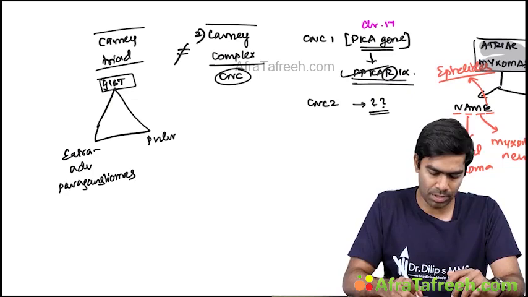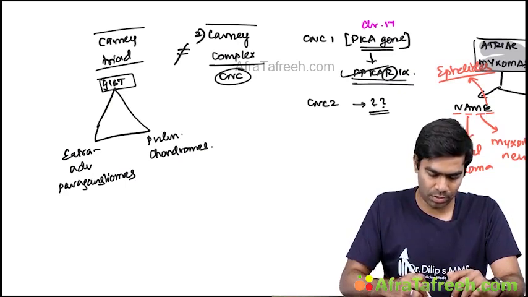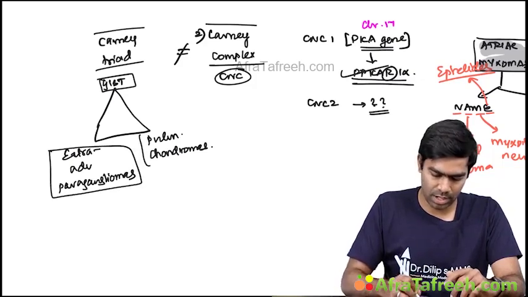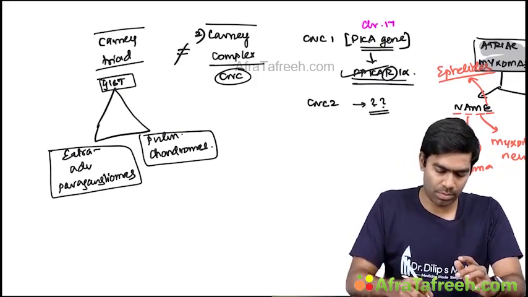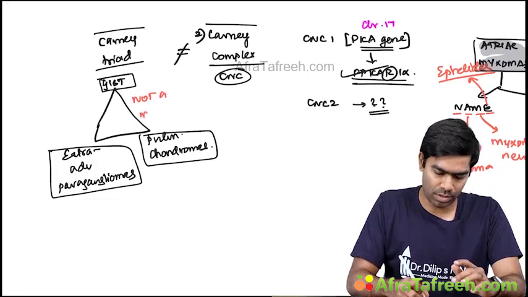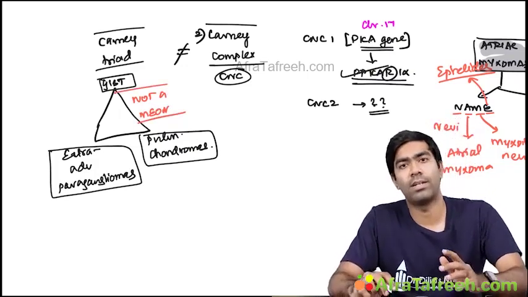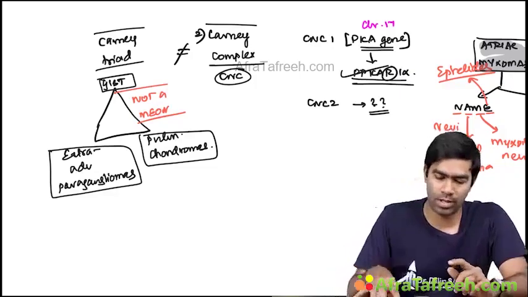And you can get pulmonary chondromas. Clear? So this is a completely different entity. Carney triad is a triad of three tumors, and it is not a MEON. Carney complex is a MEON, whereas Carney triad is not a MEON. Be very clear about that.